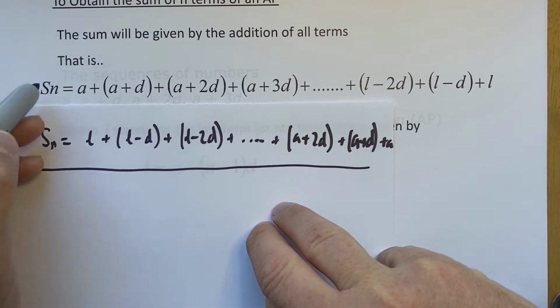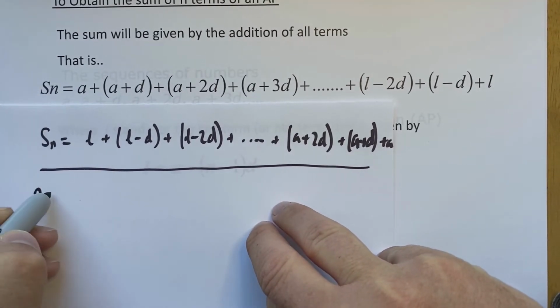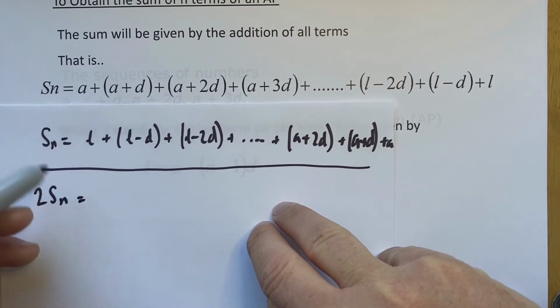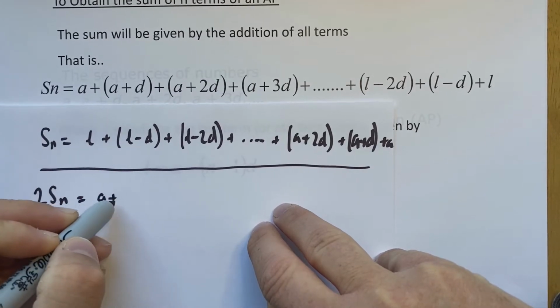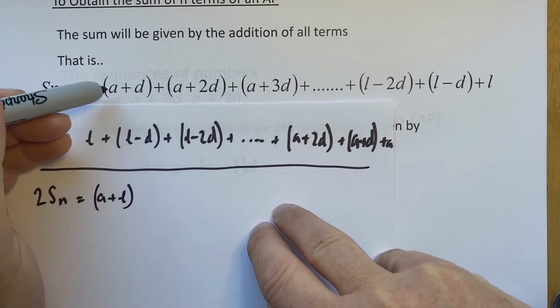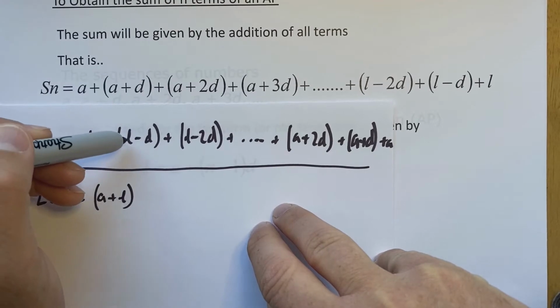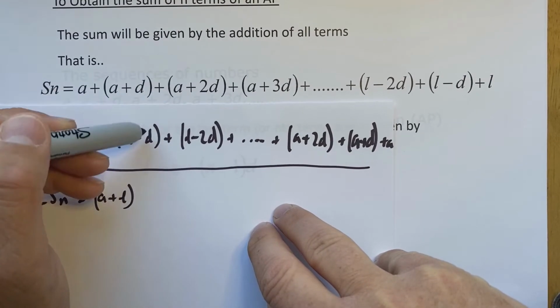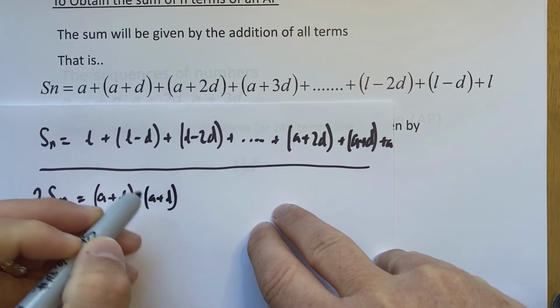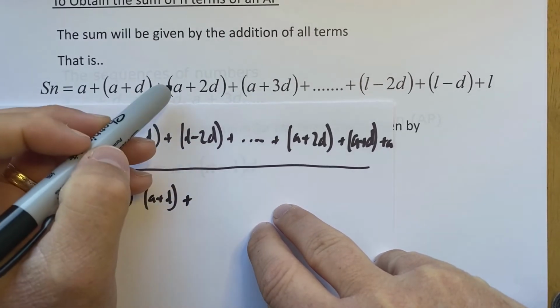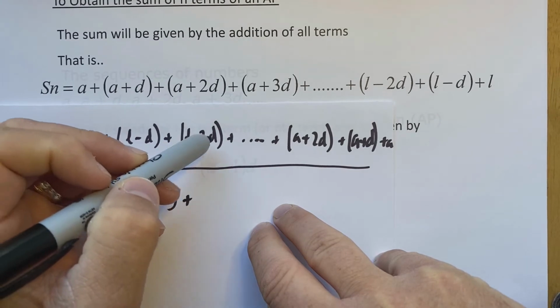Well, if I add these two expressions together, I end up with twice the sum. The reason I do that is because here I've got A plus L, and I've got A plus L. Here I've got A plus D plus L take D. They cancel one another out, so I'm left with A plus L. Then A plus 2D add L take 2D.